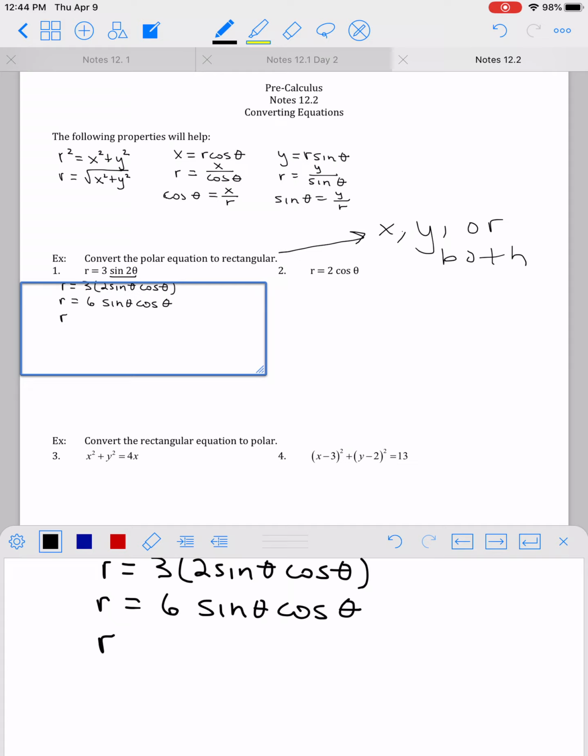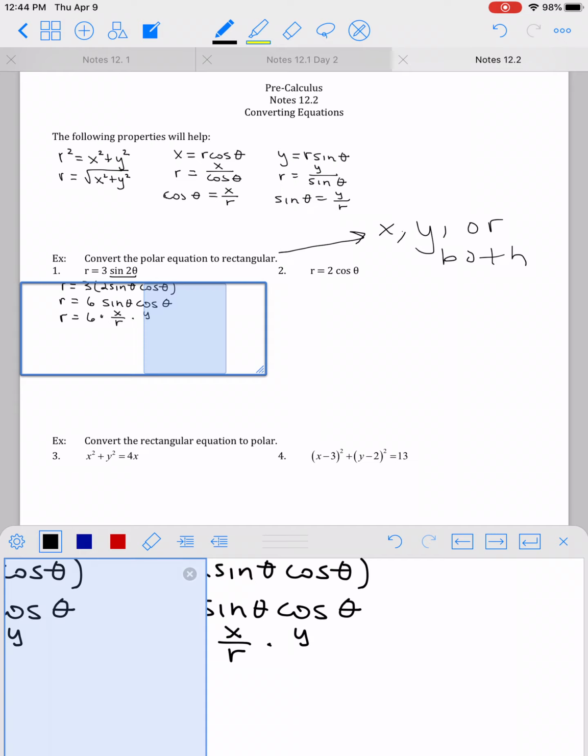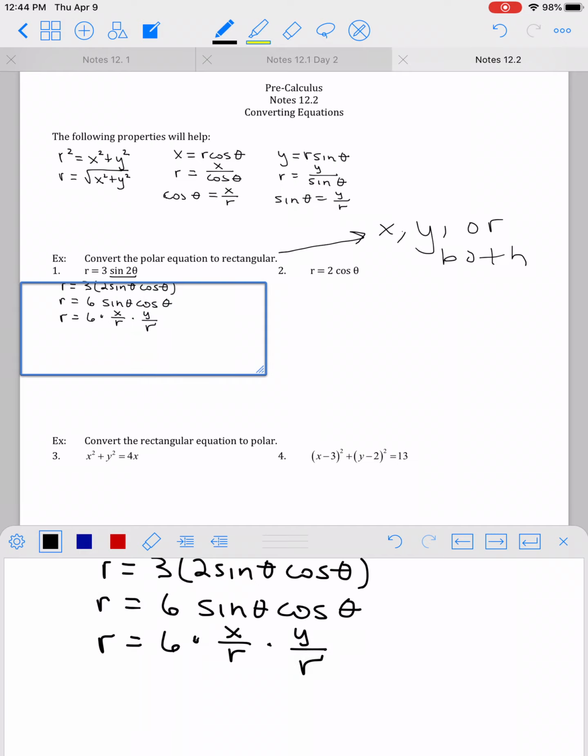So I'm going to leave the r for now. I'm going to take my sine and rewrite sine as x over r. Sorry, the cosine is x over r, and the sine is y over r. Let me write that so that you can see that in the correct order.